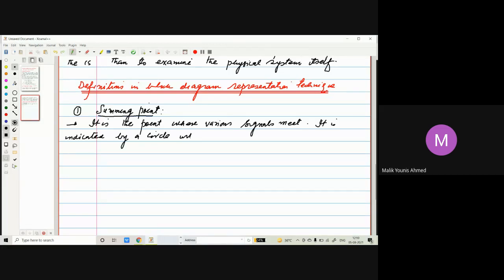That's the representation. The signals eventually to be added are to be shown along with the plus sign.